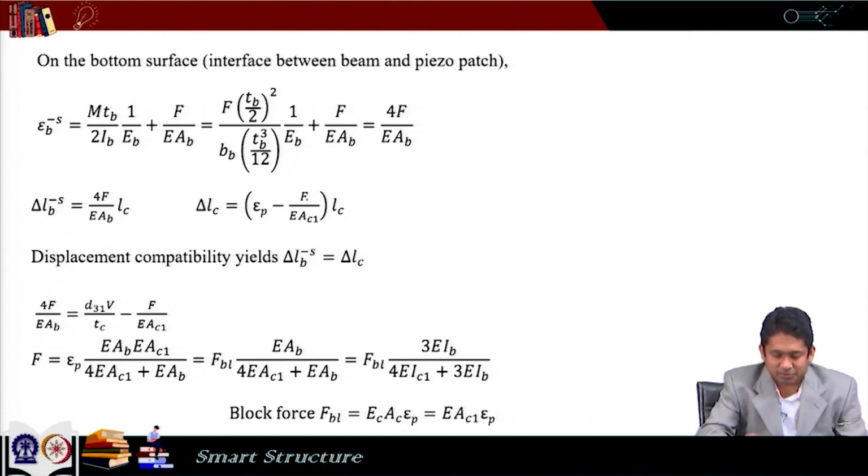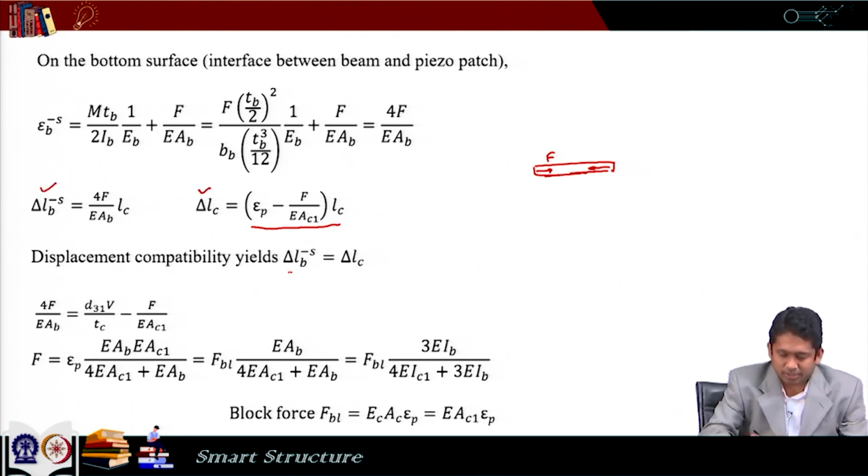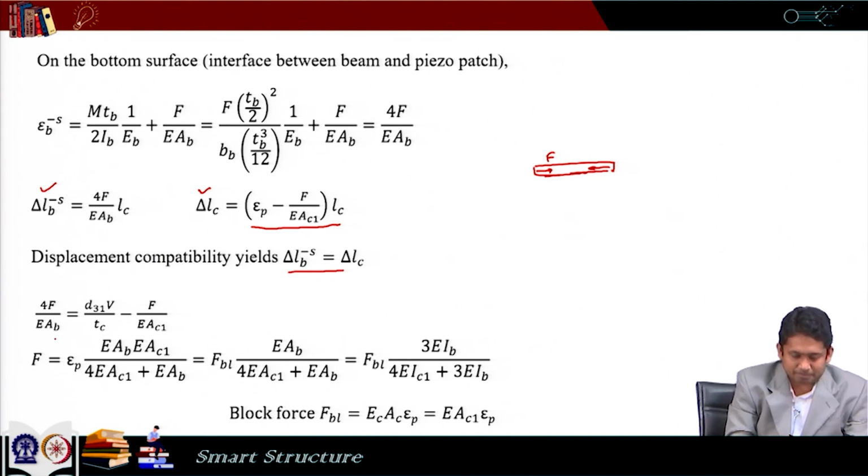Our actuator, as we drew before, is experiencing a force F here, and if we say that epsilon P is the free strain of the actuator, then this becomes the expression for the change in length of the actuator, the extension in the actuator. Now, for compatibility, this and this should be same. So, once we equate these two, we get this expression.